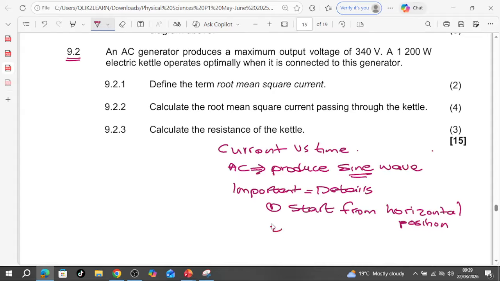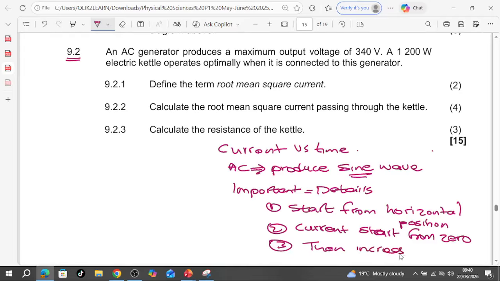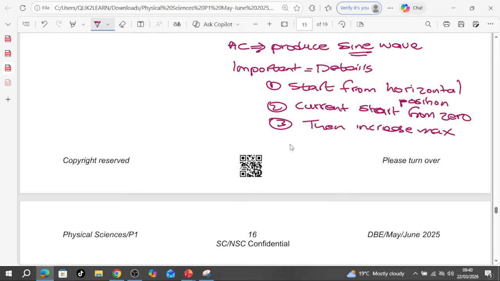Number two, the current starts from 0. Number three, it increases to max, and then it's going to come back to 0.